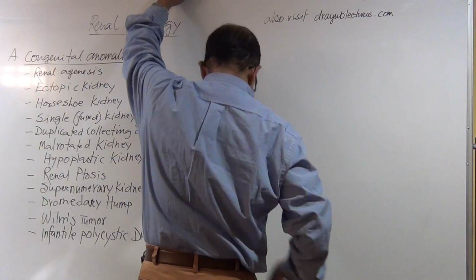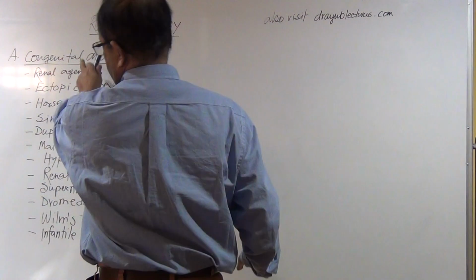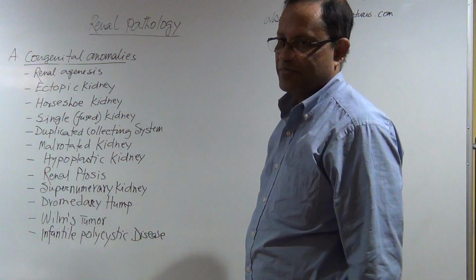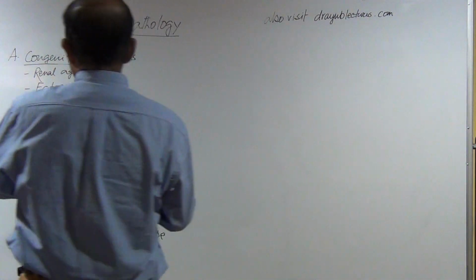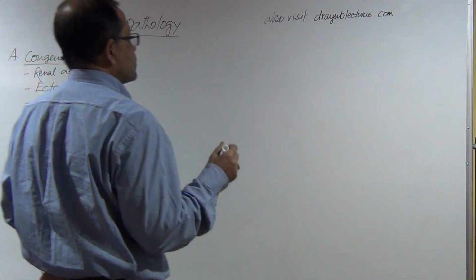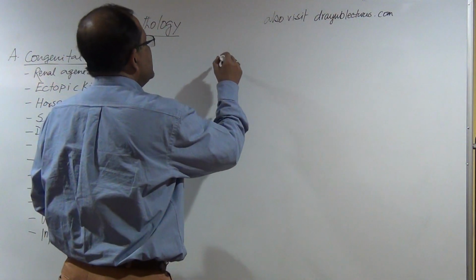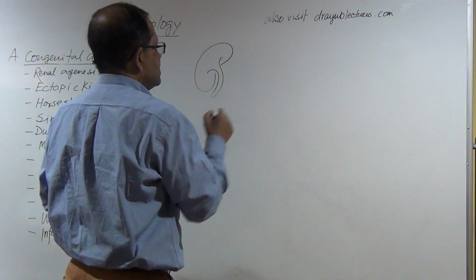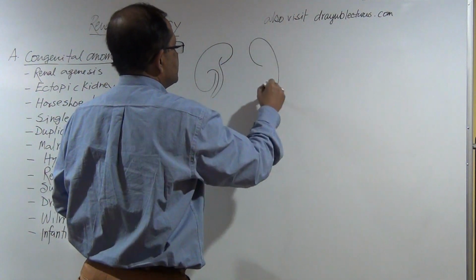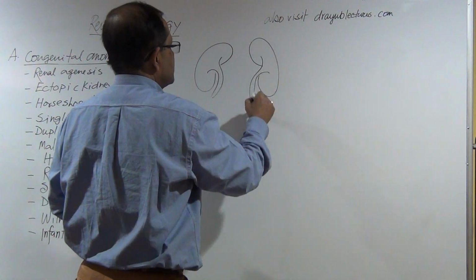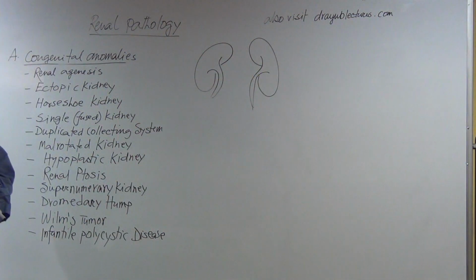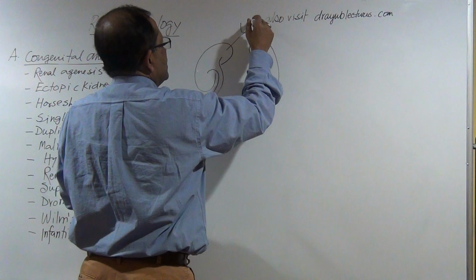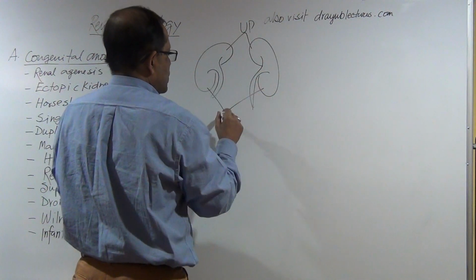Now, horseshoe-shaped kidney, they will ask a question. Each and every one, you will see one question. Horseshoe-shaped kidney. A normal kidney is this, right? This is a normal kidney, and the normal kidney has an upper pole and a lower pole.